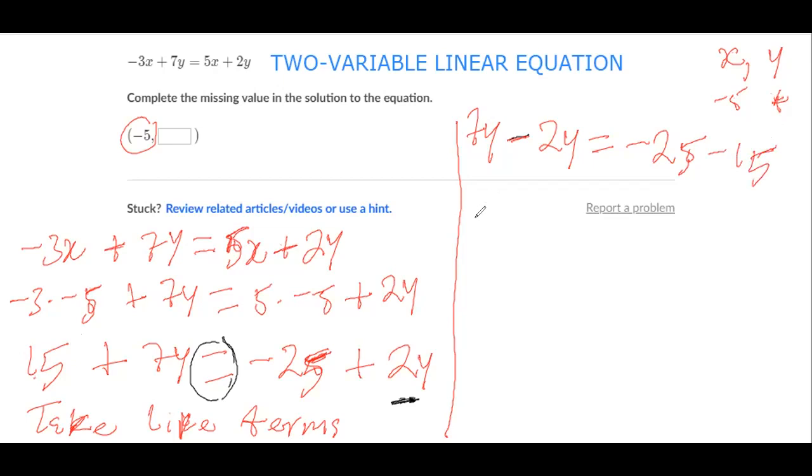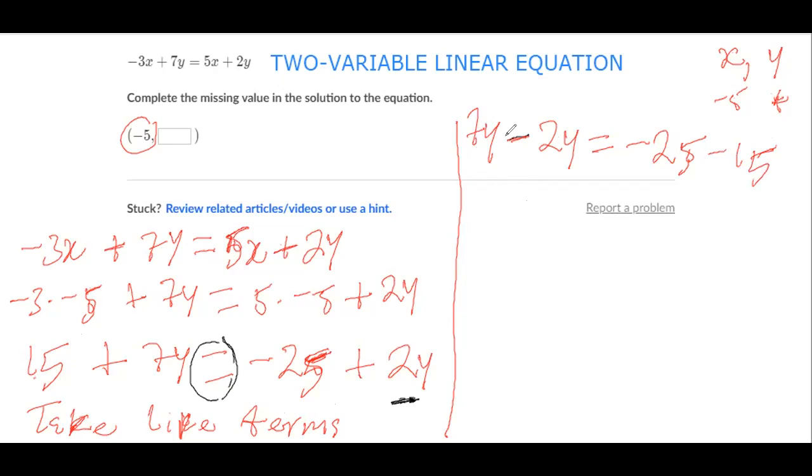So let's go. Right here we have 7y minus 2y. Because they are like terms, we took like terms already. Now we have all the variables on one side and all the constants on one side.